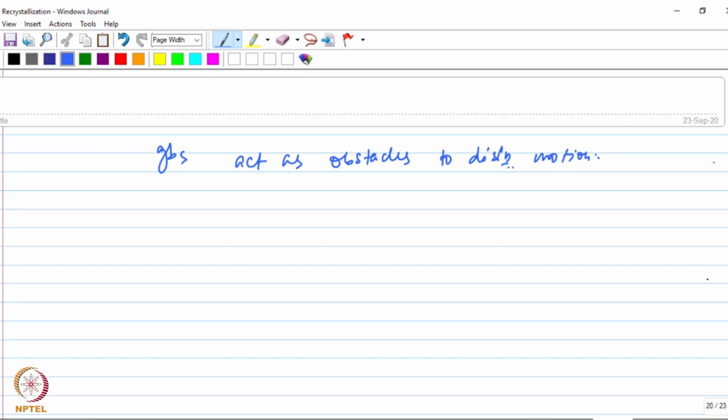Which means if you have more grain boundaries, there will be more obstacles to the motion of dislocations and the strength will increase.